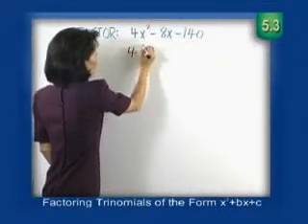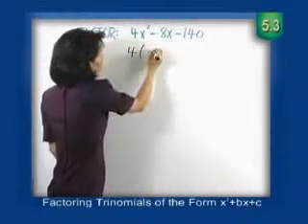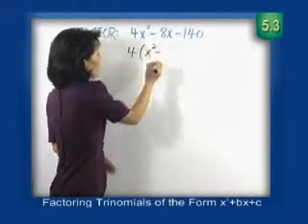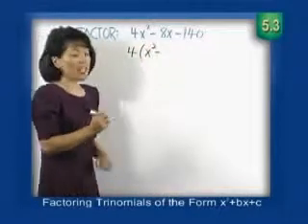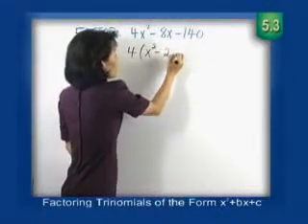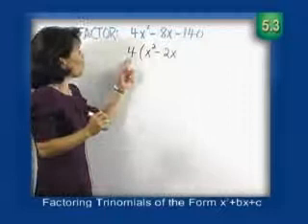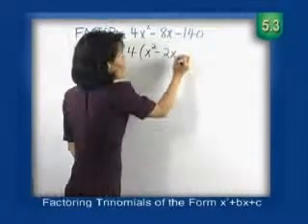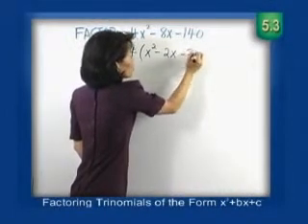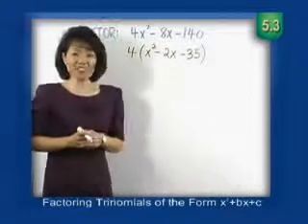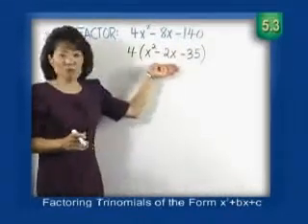So here we go with our 4. Then inside we have x squared minus 4 times negative 2 gives me 8x. And finally, 4 times negative 35 gives me 140. All right, now that we've done that, this should look very familiar to you.